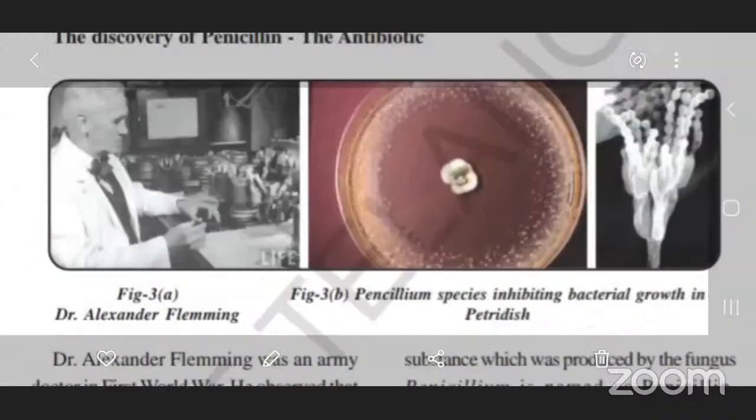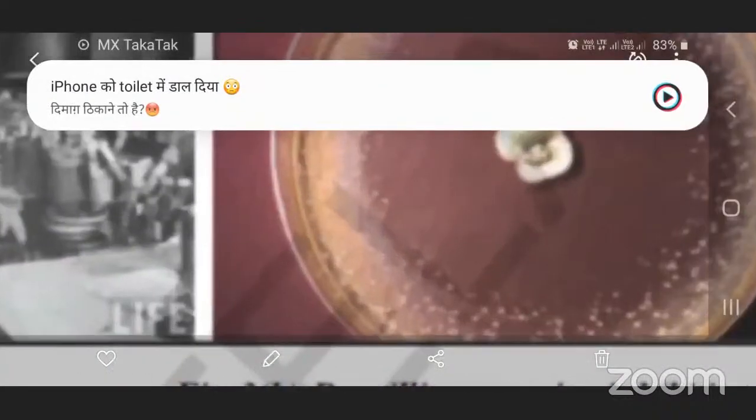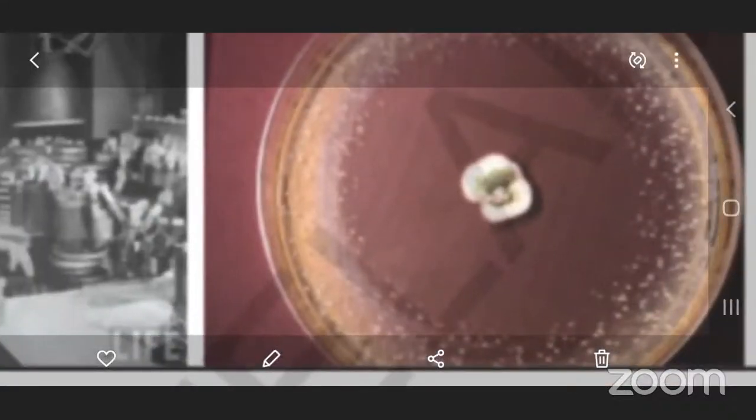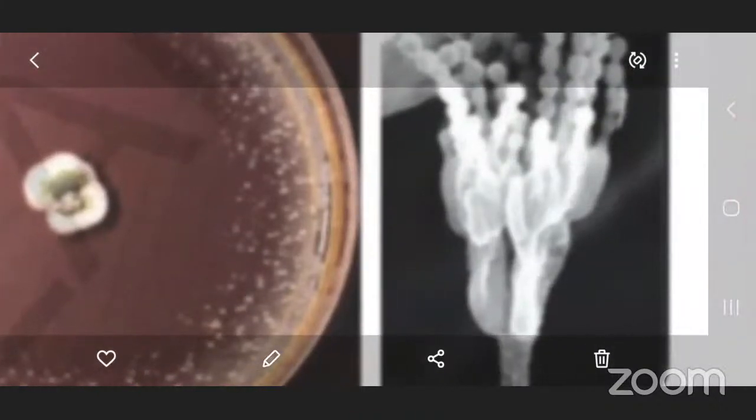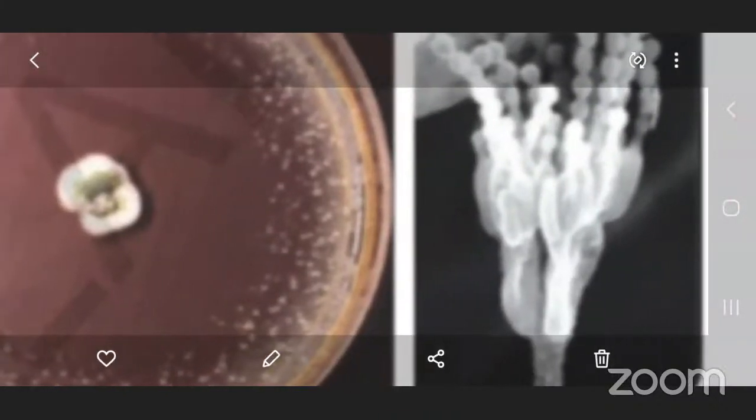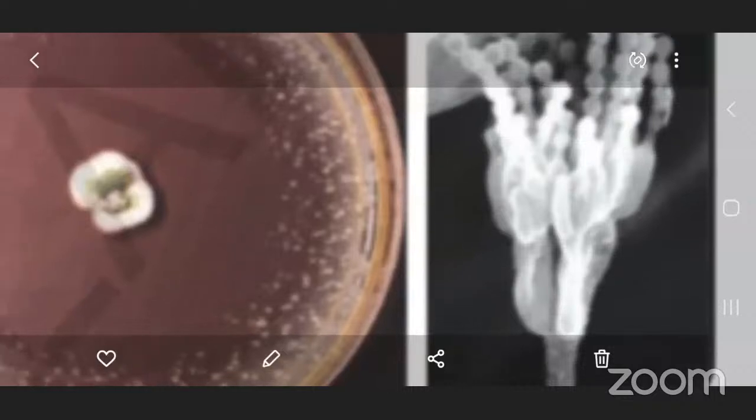See here, this is the petri dish. Where that particular penicillin is there, we can observe inhibition of bacterial growth.